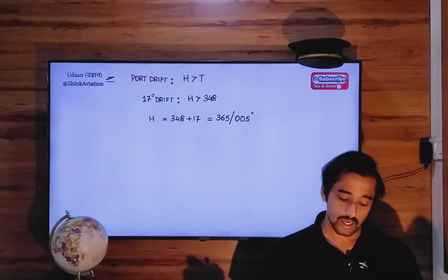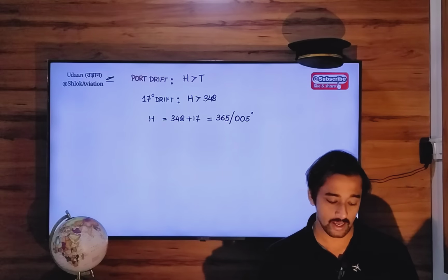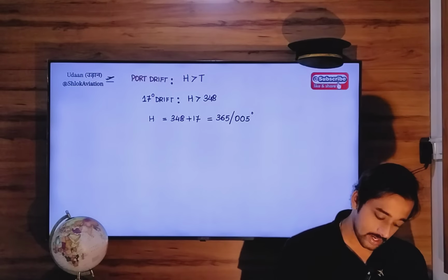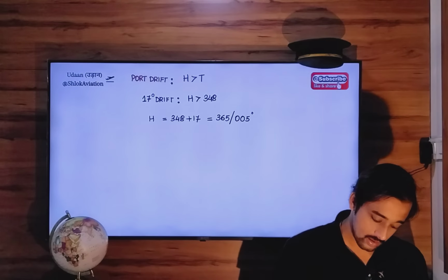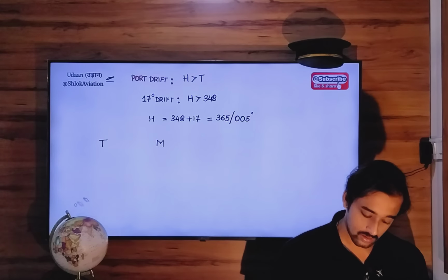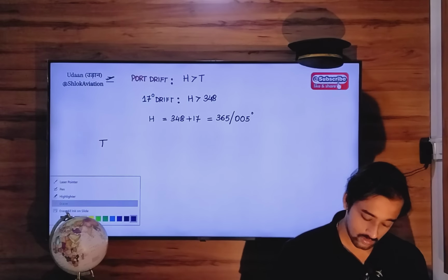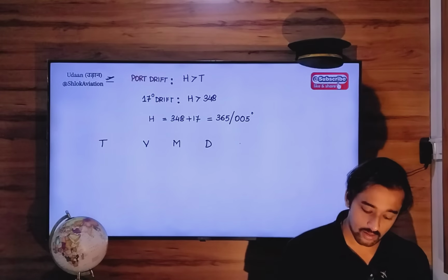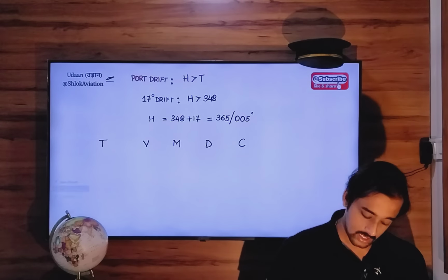That means the heading of the aircraft is 005 degrees on a track of 348 degrees true. So I'll write here: true, variation, magnetic, deviation, compass. So now true heading is 005.